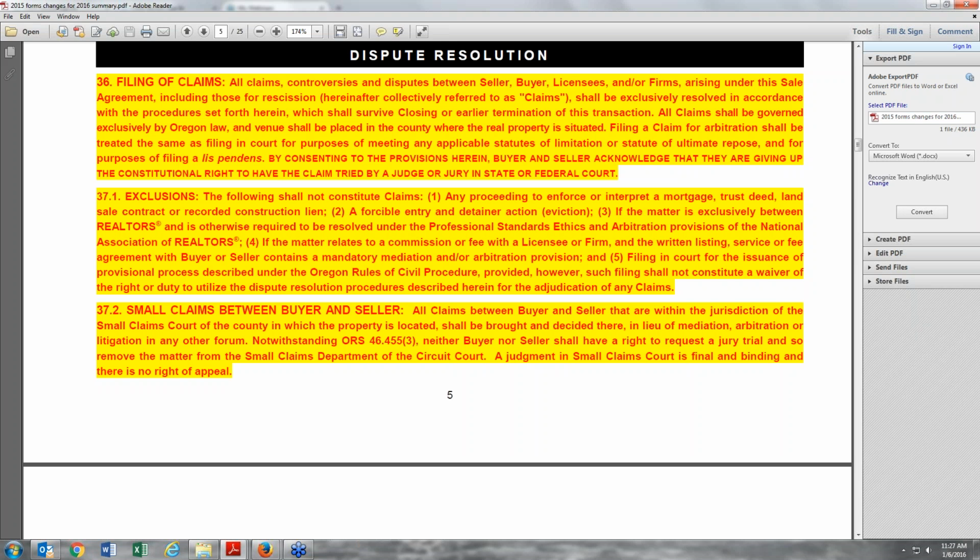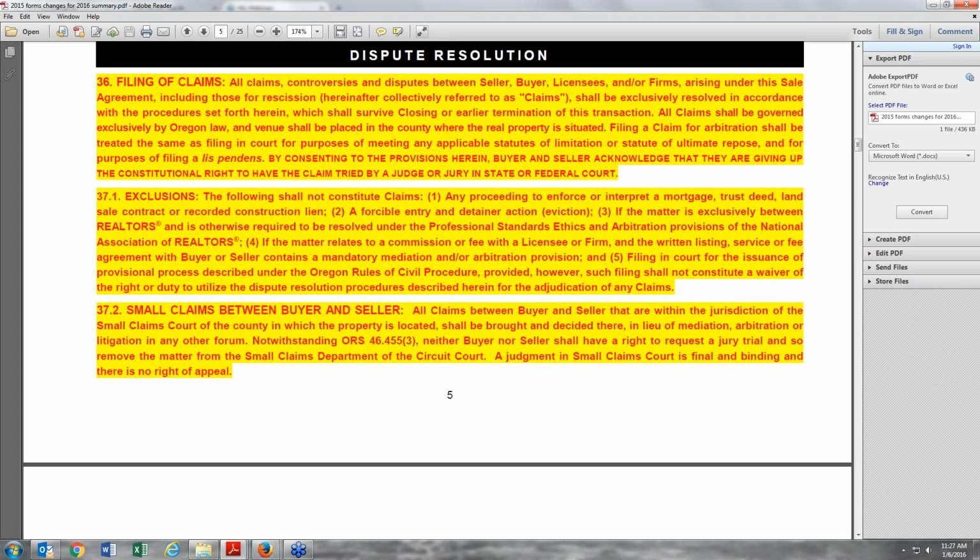So if it relates to a mortgage or trust deed, that's carved out. The FED, forcible entry and detainer, is carved out. And if it's something that's subject to the NAR dispute resolution process, our professional ethics and arbitration, that's how it's going to be resolved.